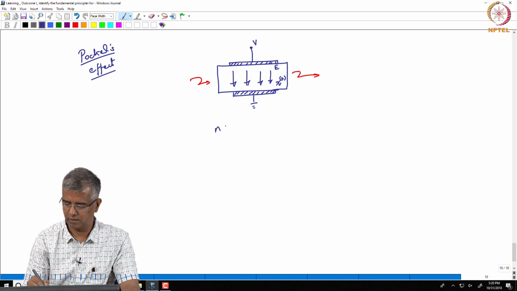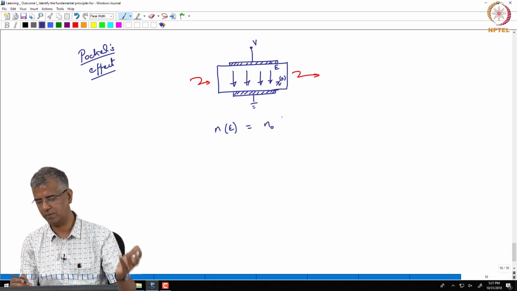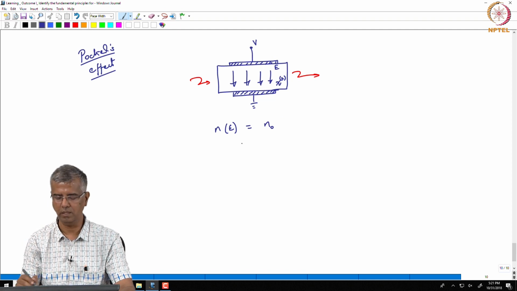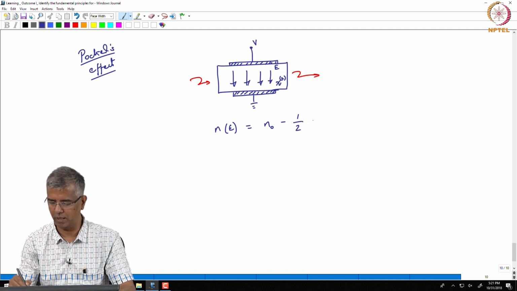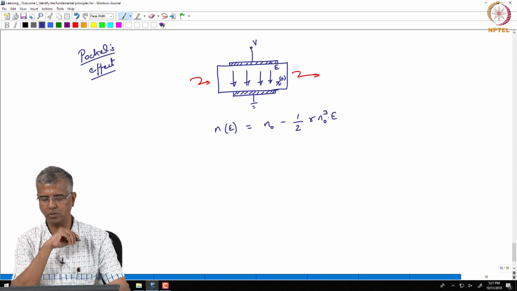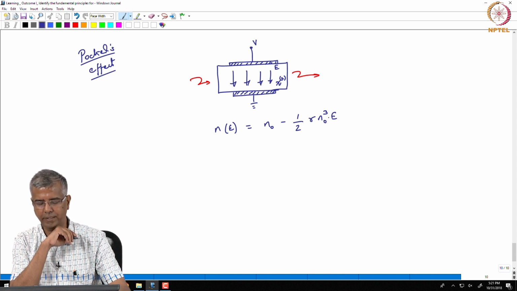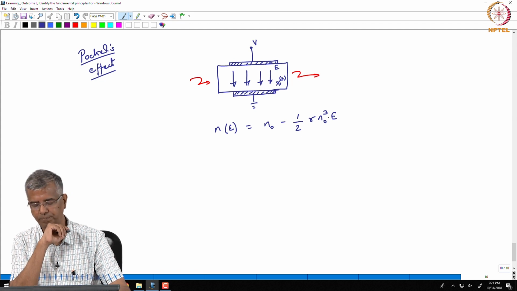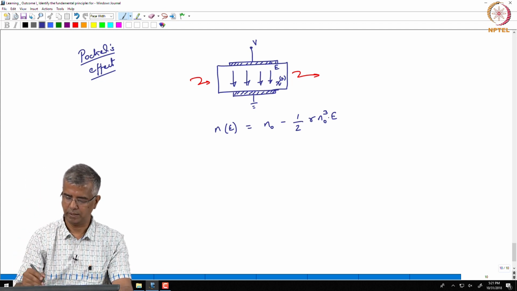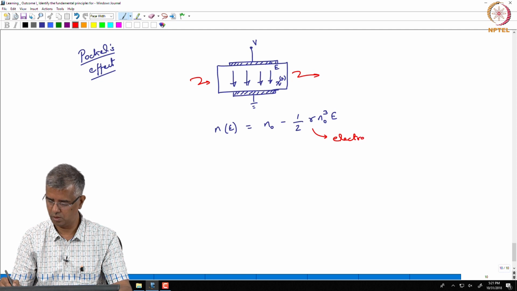That refractive index, which we can call N of E, is given by N naught, which is the refractive index that it has originally, minus 1/2 of R N naught cube multiplied by E, where N naught corresponds to the refractive index of the medium, E is the field applied across the medium, and R is known as the electro-optic coefficient.